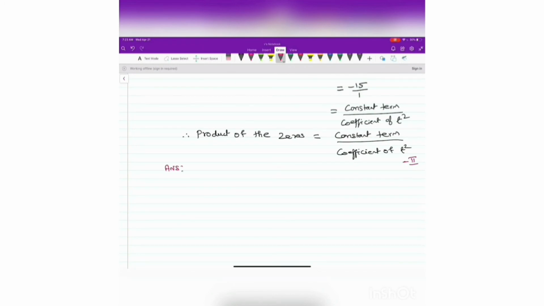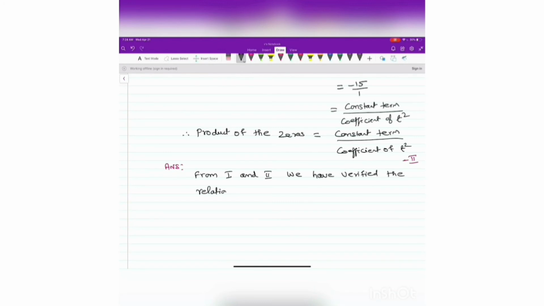Answer: from 1 and 2 we have verified the relationship between the zeros and the coefficients of the given polynomial t square minus 15.